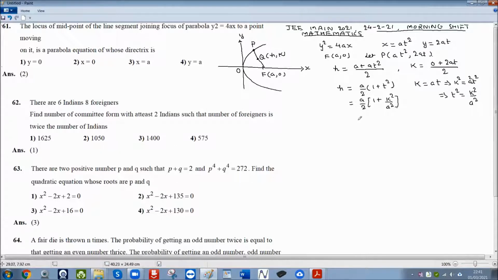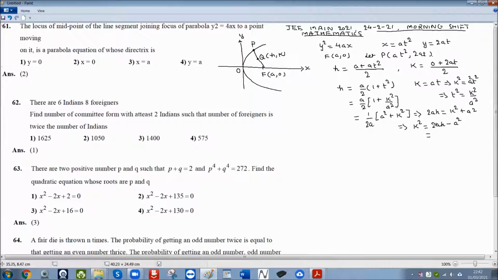So making the adjustments, 2h by a is equal to 1 plus k square by a square, which means 2ah is k square plus a square. K square is 2ah minus a square.